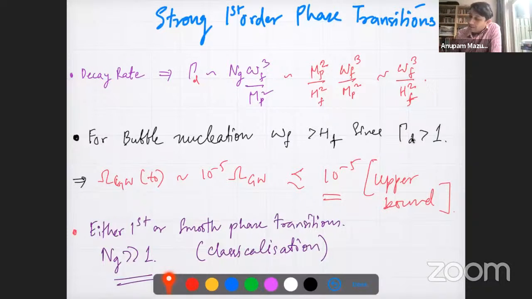So in principle, in a strong first order phase transition, the upper bound, the maximum you can reach, is roughly 10 raised to minus 5. So this provides a very interesting possibility that maybe LISA or future gravitational wave detectors can definitely detect these kinds of gravitational waves. But nevertheless, this is a highly classical system.